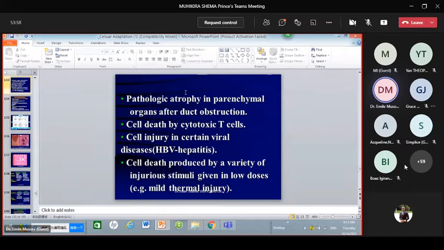When there is embryogenesis, you see some involution and cell death. This doesn't mean the cell will have a plan to die. So it means that it is progressive.